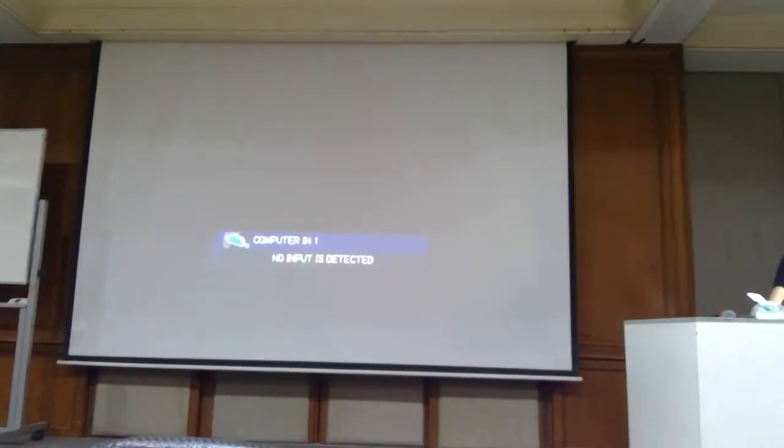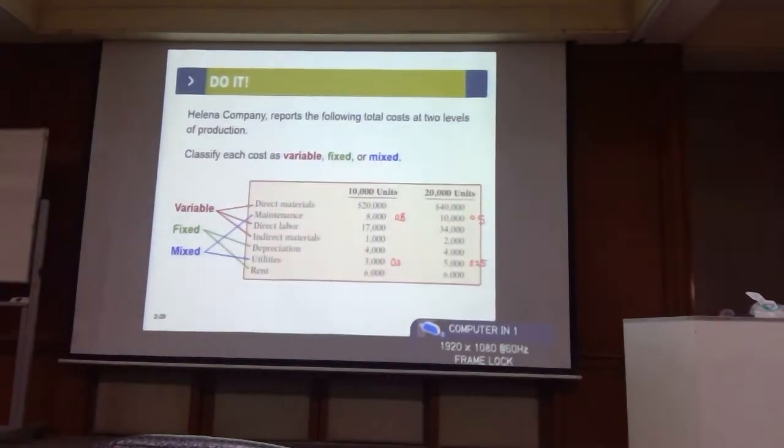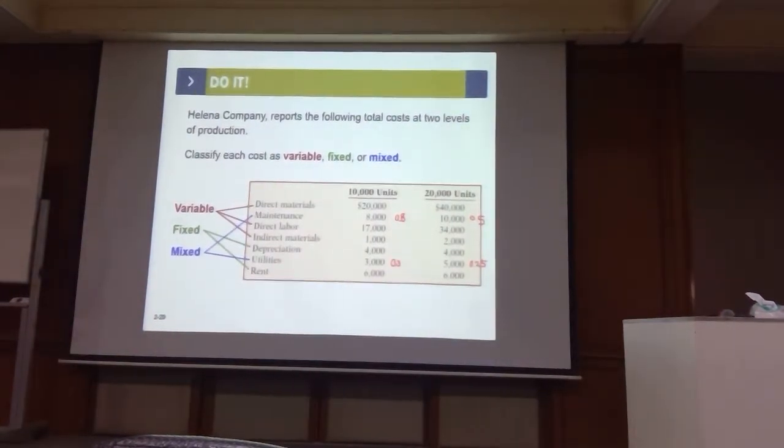Let me get back to our PowerPoint. From the exercise earlier that we did, we have mixed cost, and the question gives you the fixed portion of mixed cost. But how about in practice?